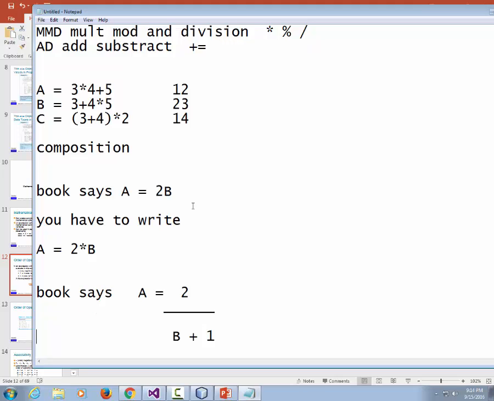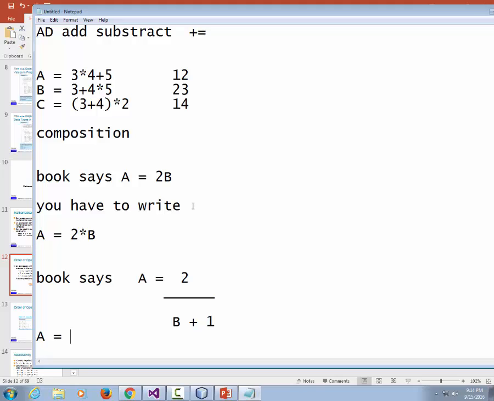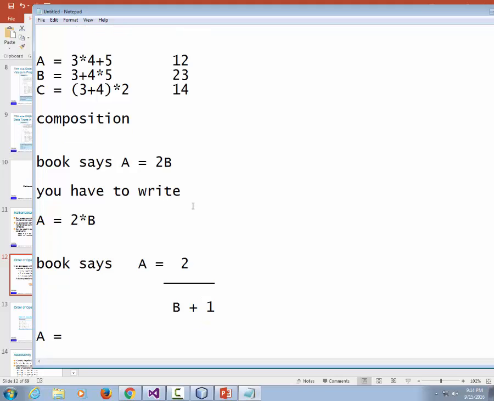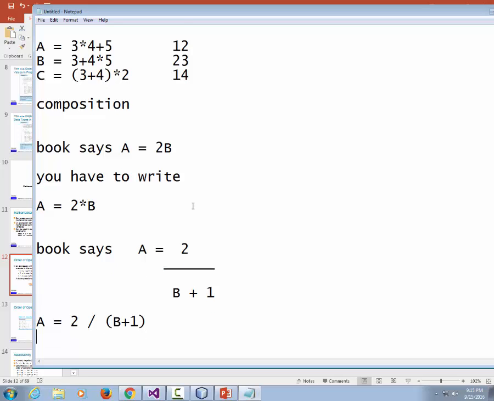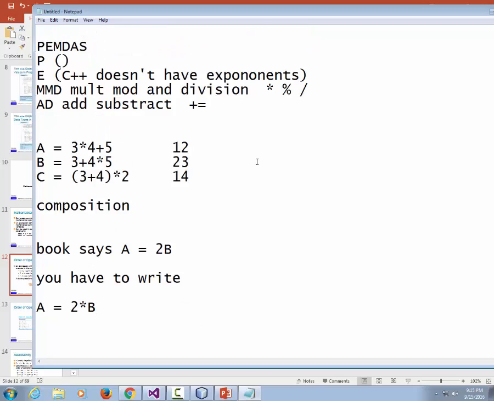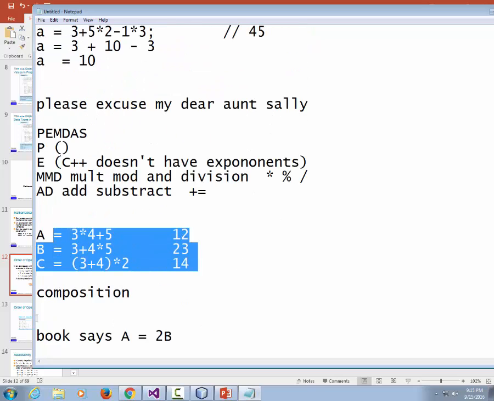Then how would we word that? We would say A is equal to what? 2 divided by what? B plus 1 in parentheses. Like that. Okay, so we've covered precedence, we've covered composition.